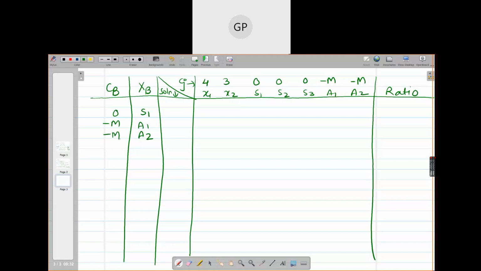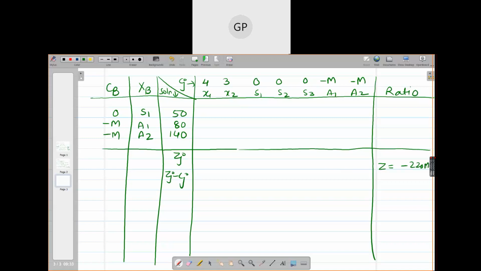Coefficients. And here my solutions will appear. Then Zj's, Zj minus Cj, and the Z value is minus 220M.